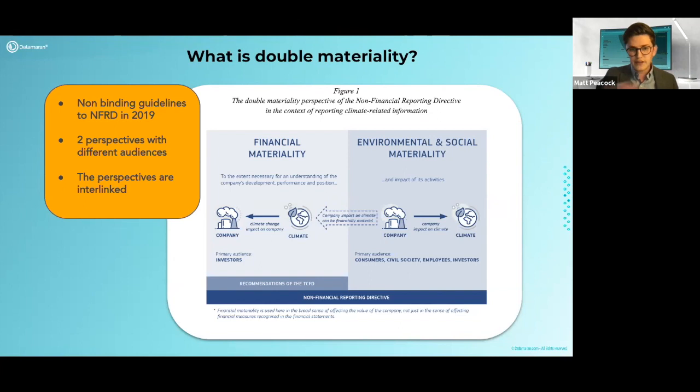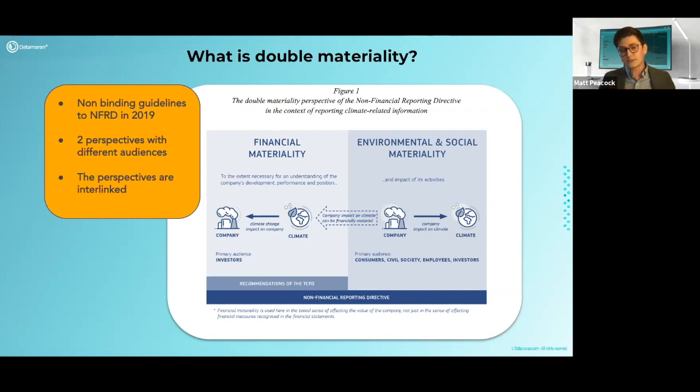The figure you can see on the screen here is actually from the non-binding guidelines that were published, and it includes a definition of financial materiality at the bottom. When it comes to financial materiality, we're talking about how issues are affecting the value of the company. We're not just talking about the financial measures that are going to be recognized in the financial statements.